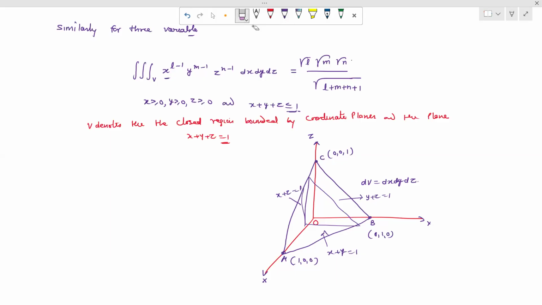So just we draw this one and we take the three dimensional.